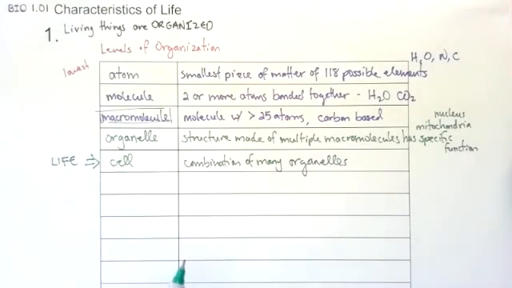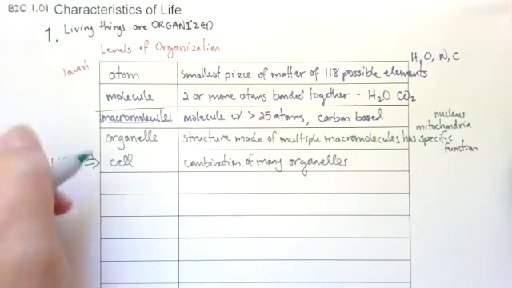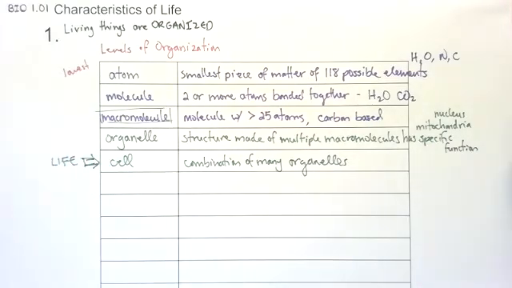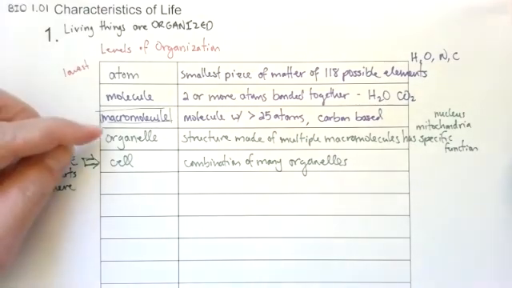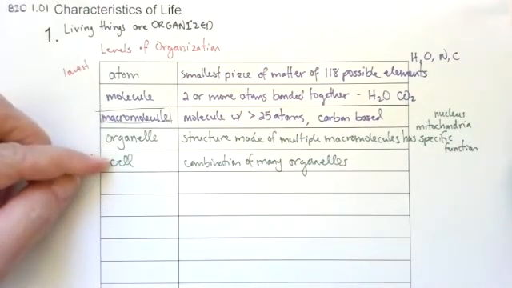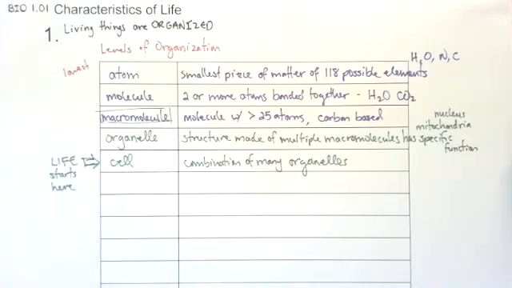You can't have a macromolecule that's alive, but you can have a single cell that's alive. So life starts here. Well, this is where we're going to spend most of our year. We might jump up here to the end a little bit, and I'll show you what I'm talking about.